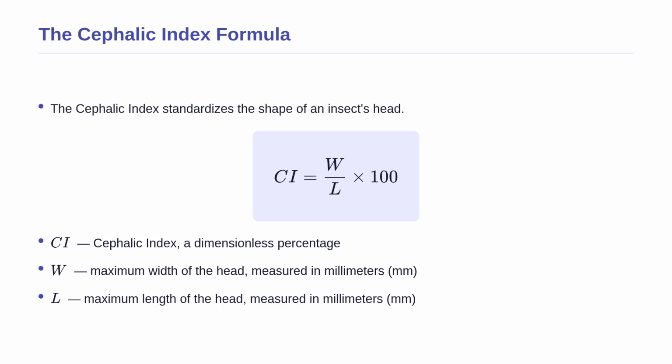Here, CI represents the cephalic index, which is a dimensionless number expressed as a percentage. W represents the maximum width of the insect's head in millimeters, and L represents the maximum length of the head in millimeters. If the width increases while the length stays the same, the index increases, indicating a broader head. Conversely, if the length increases, the index decreases, indicating a longer, narrower head.